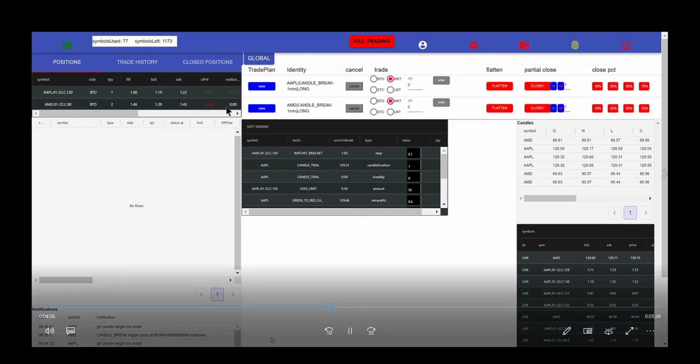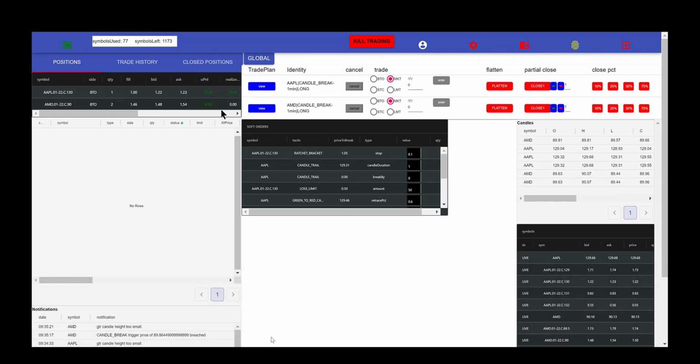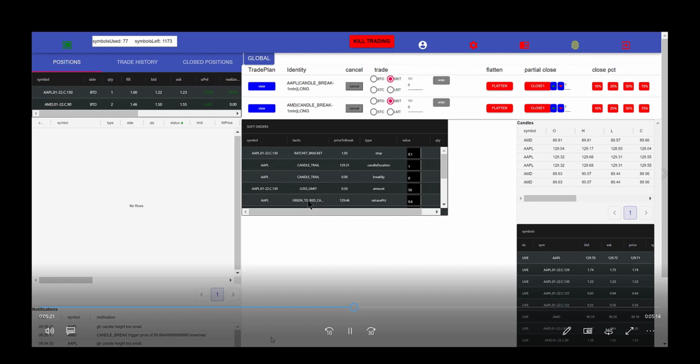So you can see now that he's actually canceled all of his targets because I think he likes the look of these trades. So rather than take smaller profits, he's actually letting the other exit strategies run and letting the positions go. So basically now he has green to red candle and he has candle trails.